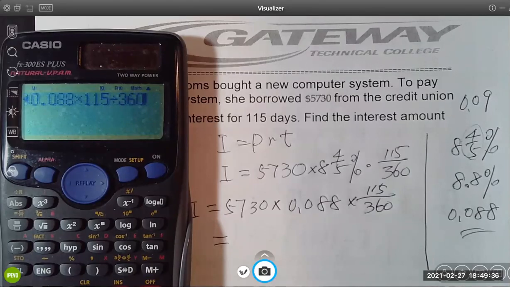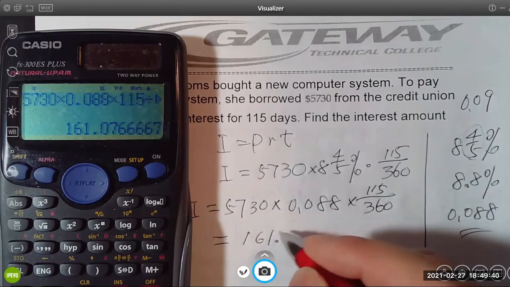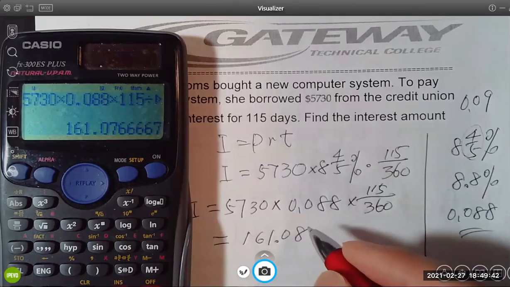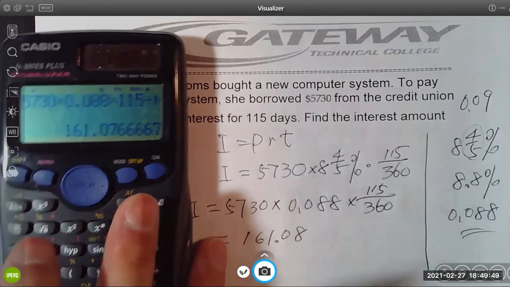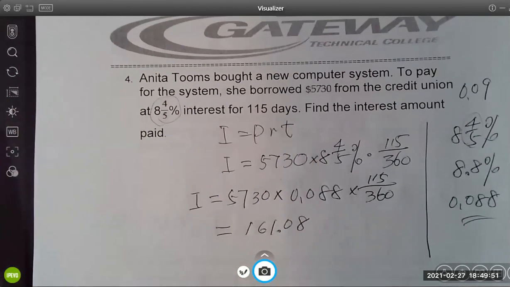And that's all. So we got $161.08. Make sure when you round it to the cents, you always look at the third decimal digit to do rounding. And that's it. I'll see you in the next video.